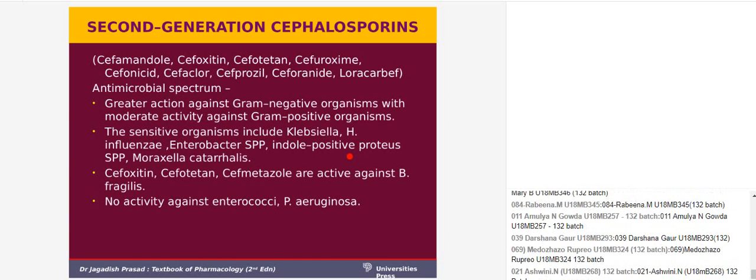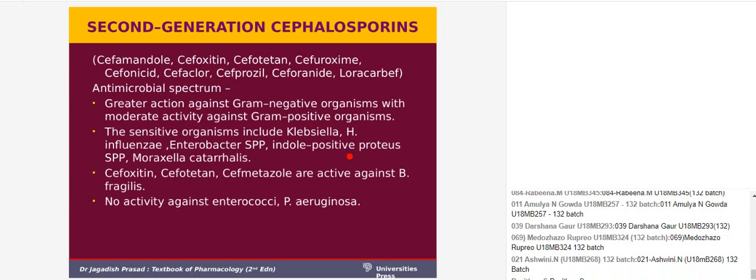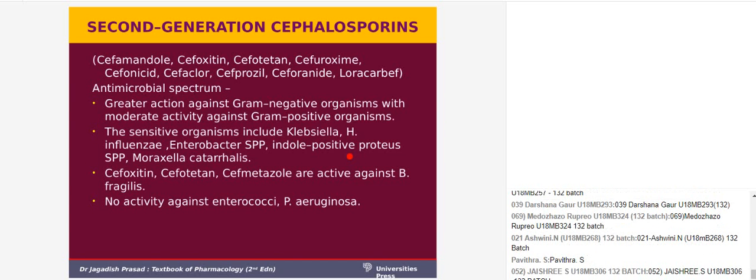The other members of this group include cefoxitin and cefmetazole, which show activity against anaerobic organisms like Bacteroides fragilis, and cefuroxime is active against H. influenzae and E. coli. These organisms are important for this generation of cephalosporins.